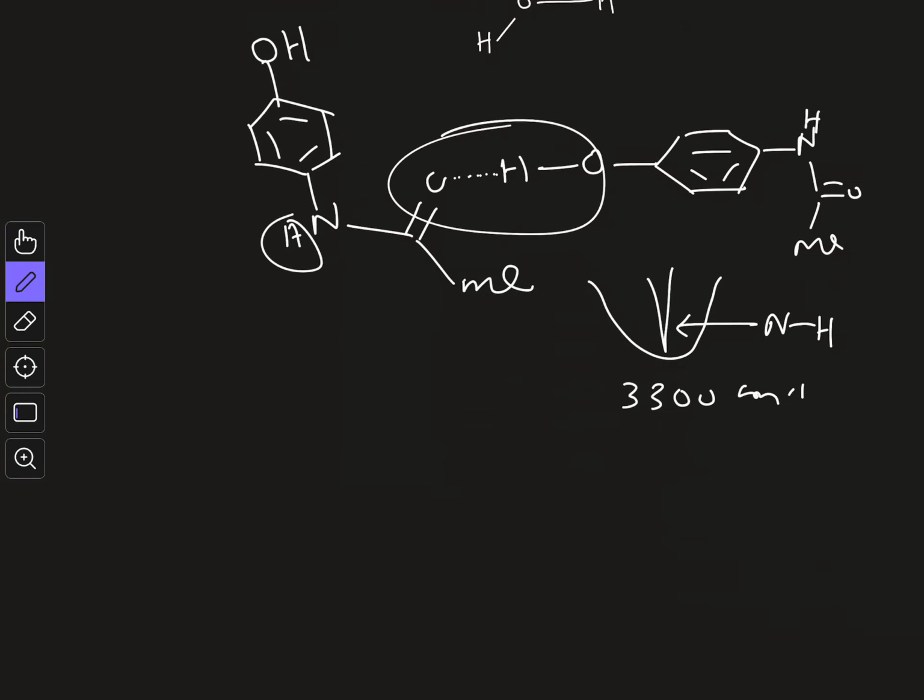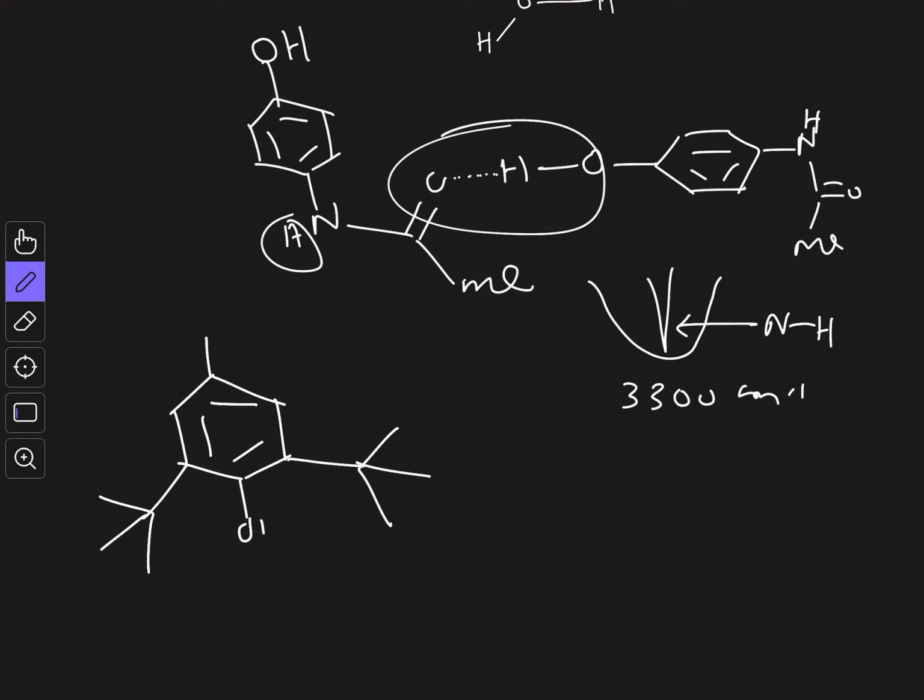Now if you consider another molecule where there is no chance of hydrogen bonding, this is called BHT. So you have two tert-butyl groups over here, and you have one OH group. Now the two molecules of BHT cannot come closer. Why? Because of the repulsion from the tert-butyl groups.